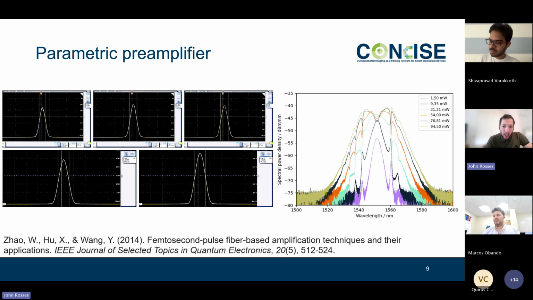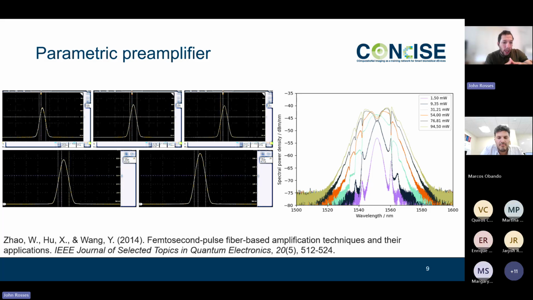And as you can see, the spectrum is going to be a little bit broader. In the other image on the left, you can see the different shapes of the autocorrelation of the pulse. And as you can see, the shape is very close to a Gaussian pulse. So this, in some way, lets us know that the pulse in the temporal domain has no distortion.